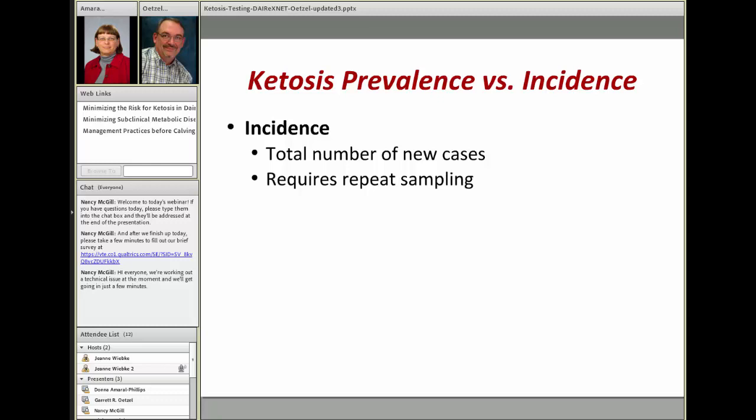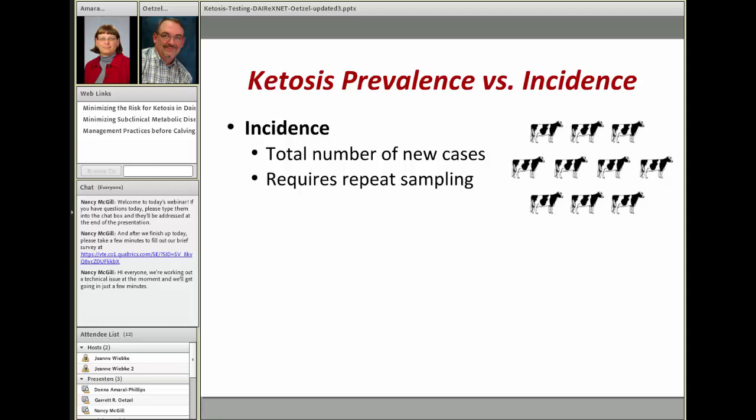You have to know if she ever got it at all. The average duration of a case of ketosis is about 5 days, and so you have to sample on 5-day intervals or even less. So let's take a little example here. Let's say we have a herd with 10 cows, and we repeatedly sampled those cows, preferably at least twice a week, if not 3 or 4 times, would be great.